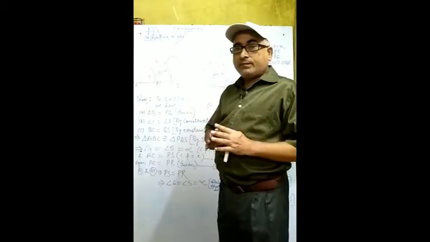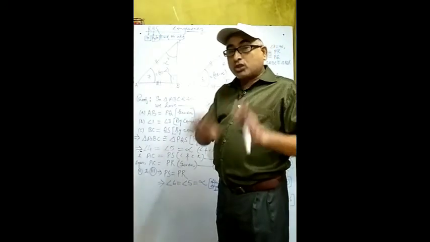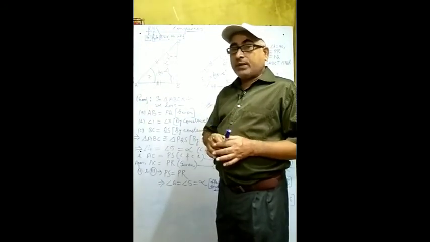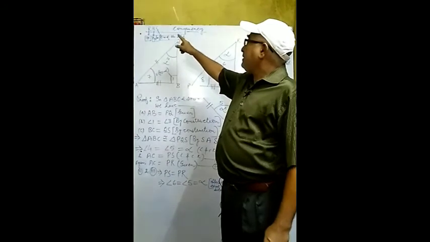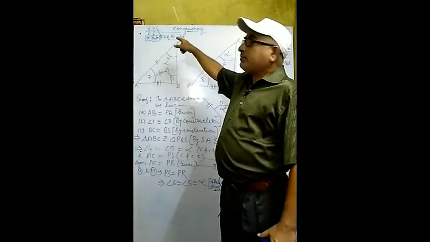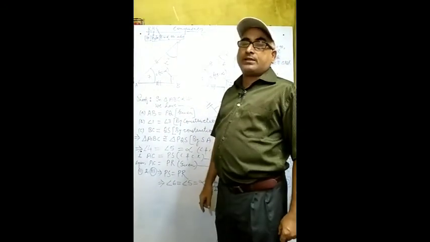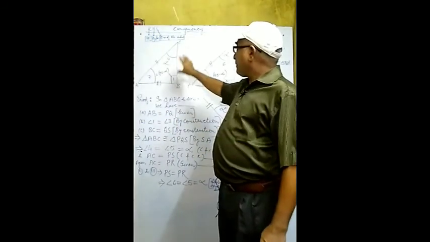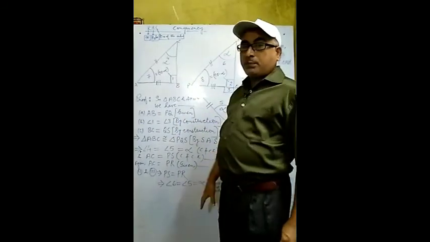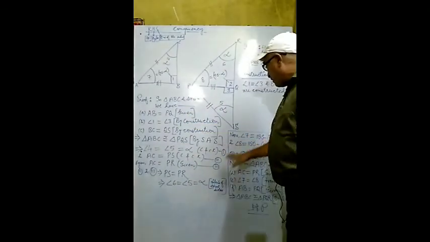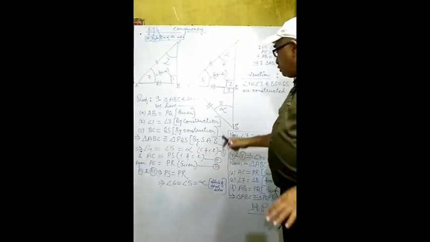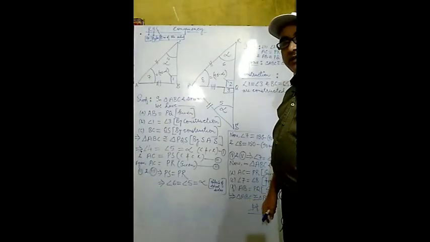In this way, we have proved both the theorems: the side congruency condition, and here the right angle hypotenuse and one of the sides congruency condition. I hope you will understand whatever is explained here with the help of the figure. The same thing is noted down here. So after pausing the video, you may note down whatever is written there.